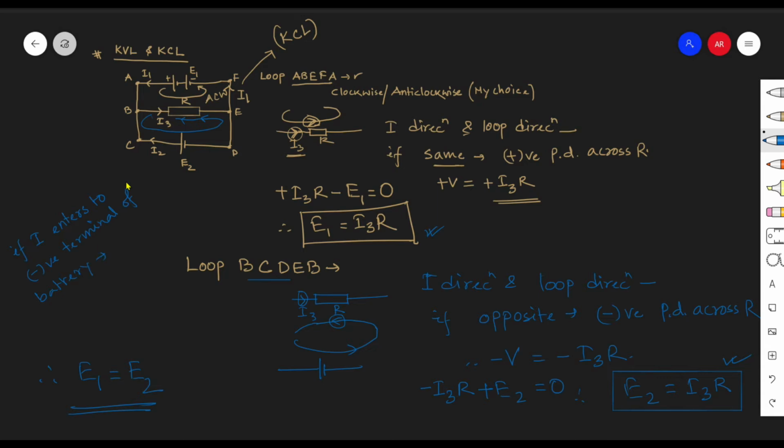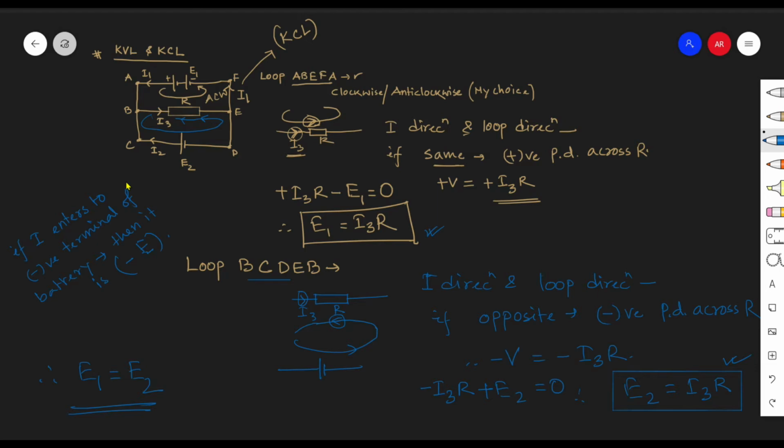So the current I3 that we wrote right here is I1 plus I2. The current from E1 and the current from E2 enter this junction BE, flowing through this resistor R. So I3 here is I1 plus I2. But from the way we wrote the expressions for E1 and E2, we found that E1 and E2 have the same voltage.